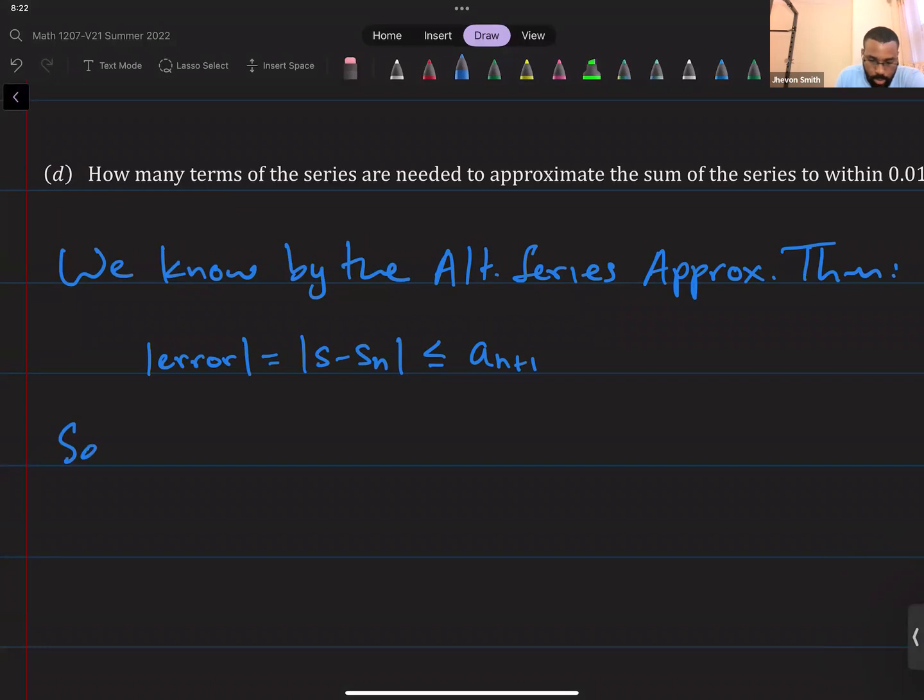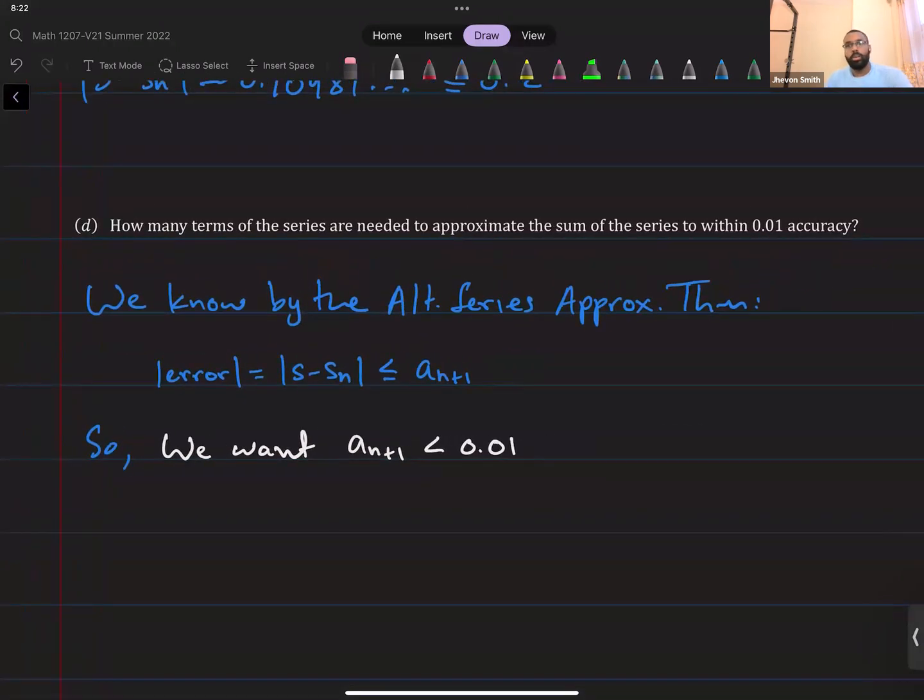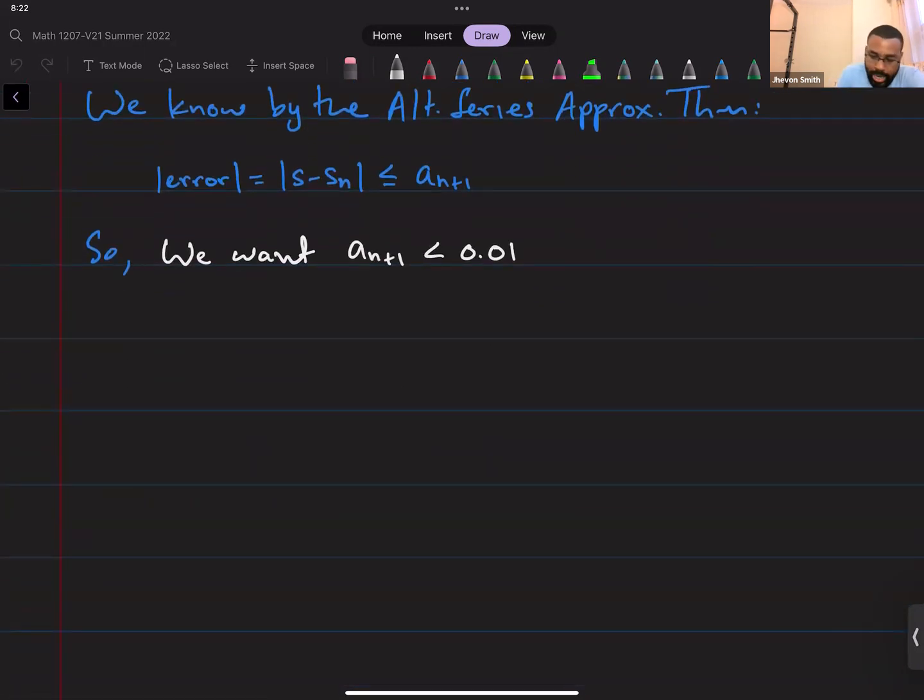So what that means is we want the a_(n+1) term to be less than 0.01. That's all we want. If we can keep going until the a_(n+1) term is less than the error that we want, then the nth partial sum of our alternating series will be good enough for our answer. So we can actually do that. By the way, this might be nicer: it's actually 1 over 100.